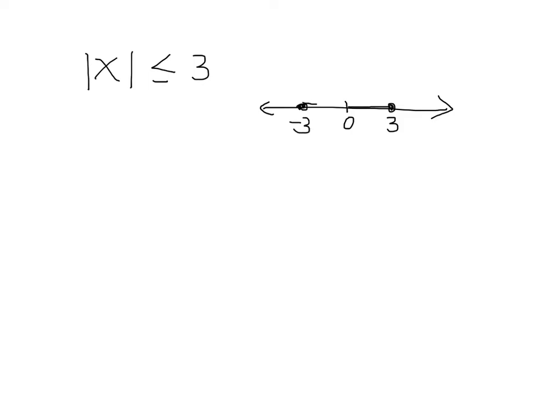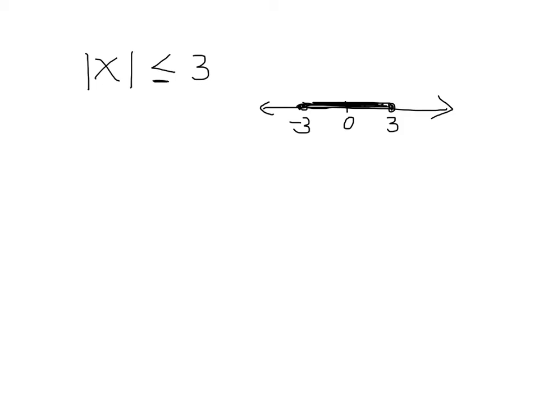And just like in the other one, now it's all the numbers that are greater than or equal to -3. So if my absolute value is less than or equal to 3, it could be any of these numbers in here. It could be 2, it could be 1, it could be 0, it could be -1, -2, or -3.